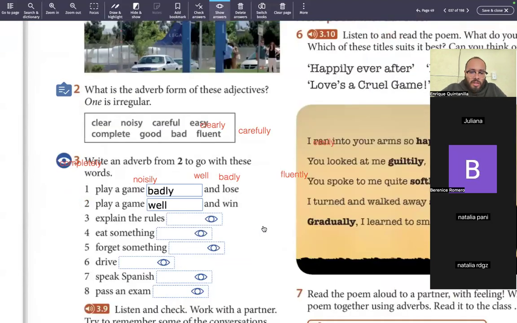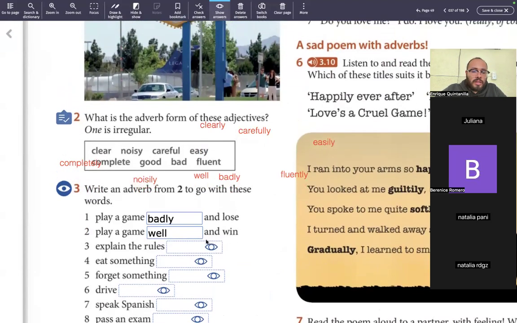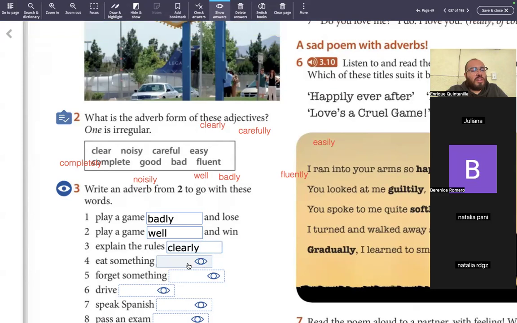Number 3, explain the rules, like the videos that we watch. Carefully. Not very much. Clearly. Carefully, no. Clearly. What do you think?